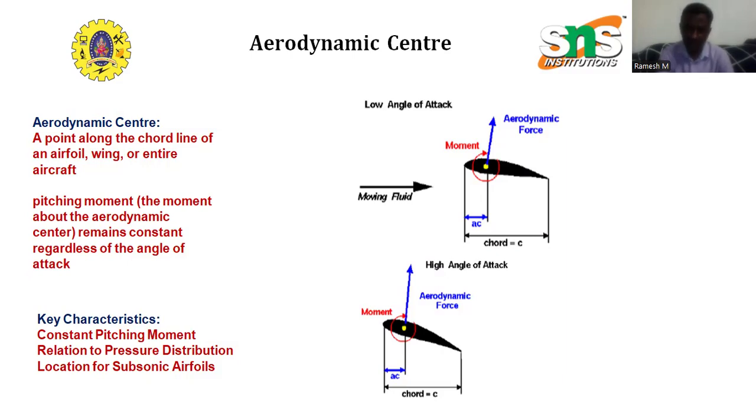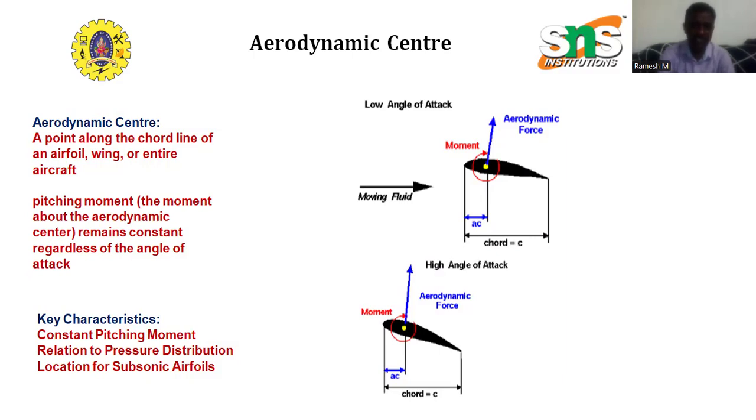The aerodynamic center is the point along the chord line of an airfoil, wing, or entire aircraft where the pitching moment, the moment about the aerodynamic center, remains constant regardless of the angle of attack.